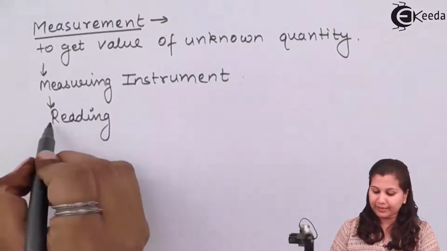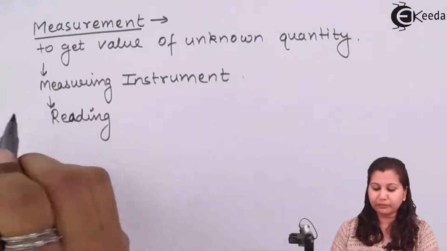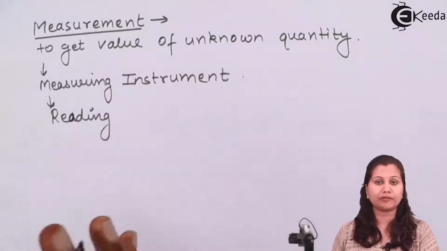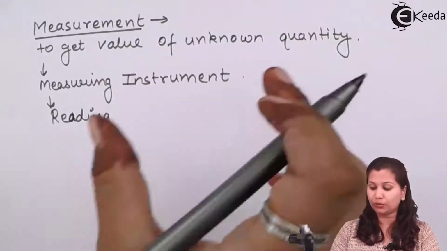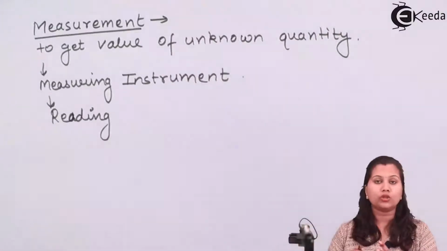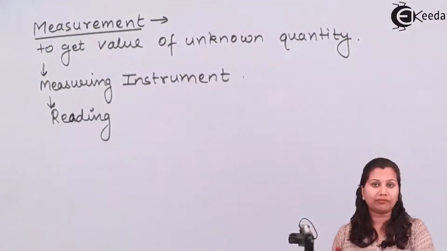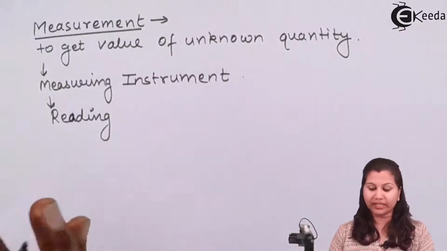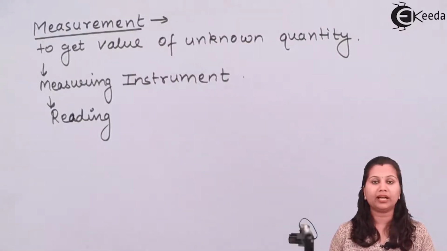Suppose this reading is different from the actual value of the unknown quantity. The difference between the actual value and the value we get from the measuring instrument is some variation in the two values. That difference is called the variation between the values.